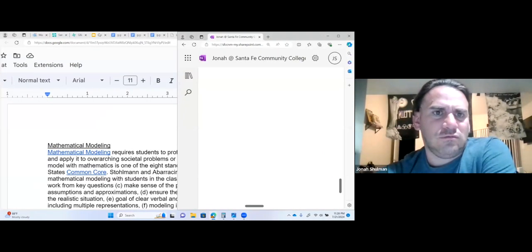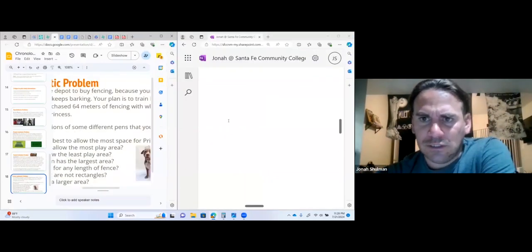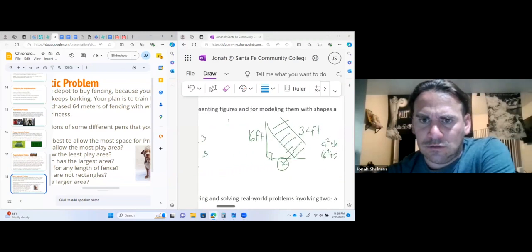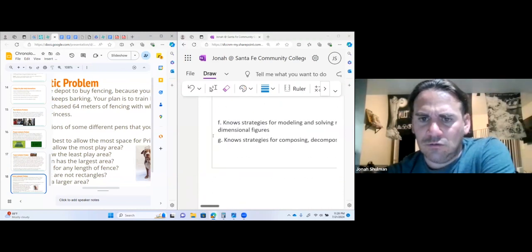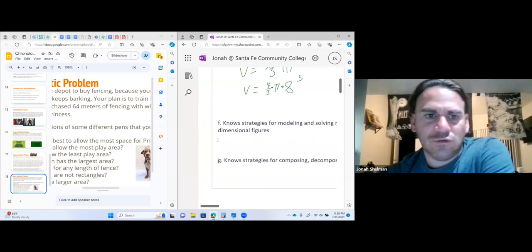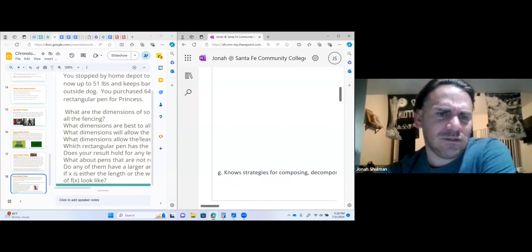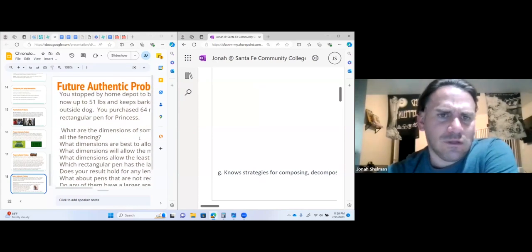All right, we did E. We're on F. So modeling for 2 and 3 dimensions. We just did 2 that were 3D, and here's the second one.